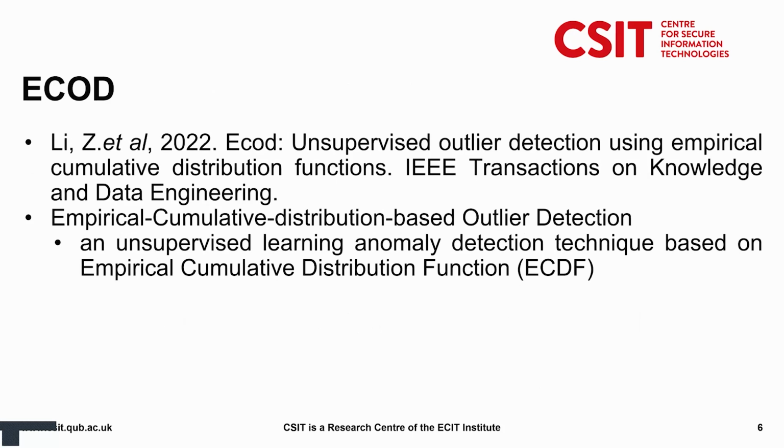There is one anomaly detection method which I would like to emphasize here, called ECOD. ECOD was published in the TKDE journal in 2022 and achieved the best performance among the anomaly detection methods. ECOD is an unsupervised anomaly detection method based on the empirical cumulative distribution function.